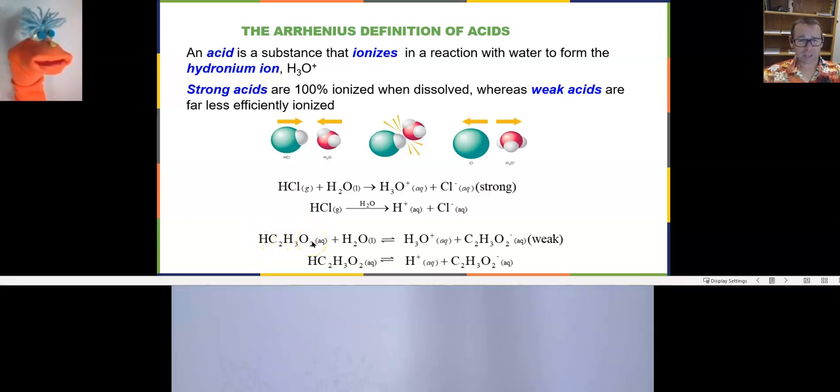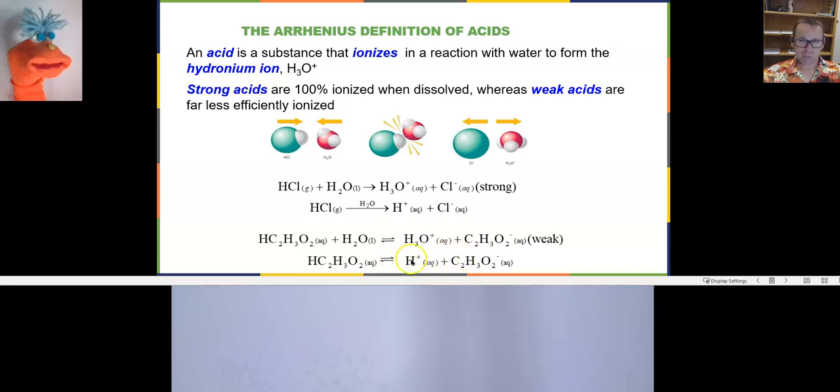is a weak acid. Now, weak acids, when you put them into water, they donate a hydrogen ion to water, or you could say they result in the hydrogen ion when placed into water. But that hydrogen ion doesn't leave the acetate ion for very long.